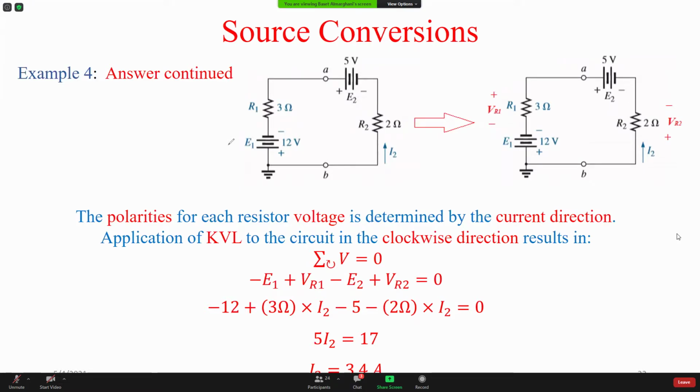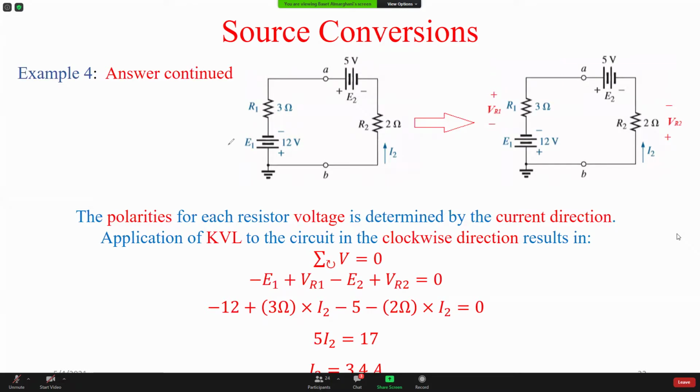Okay. Yes? In the calculation, shouldn't it be 3 minus 2 instead of 3 plus 2? What do you mean by 3 minus 2? Because they took the 5 common, right? But shouldn't it be 3 ohms times I2 minus 2 ohms times I2?